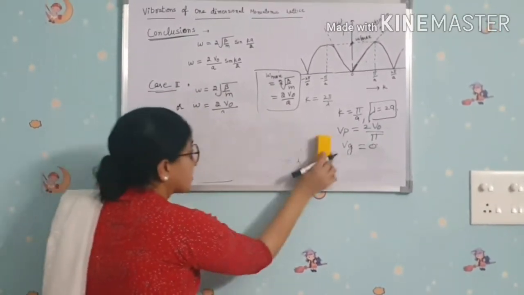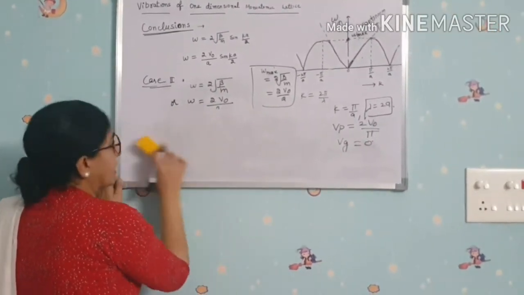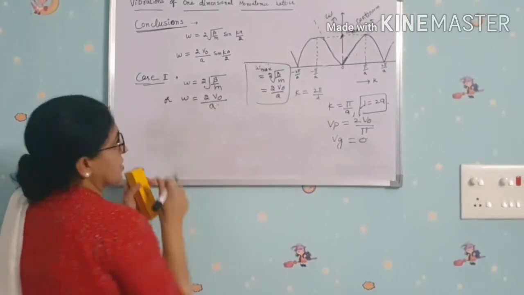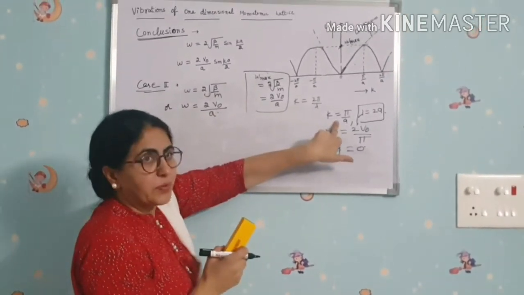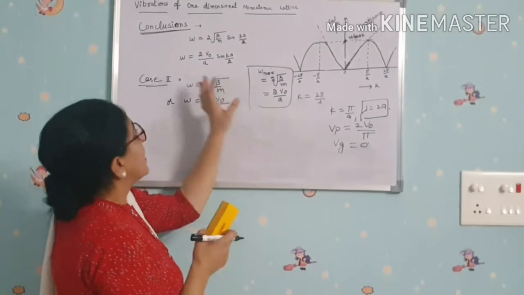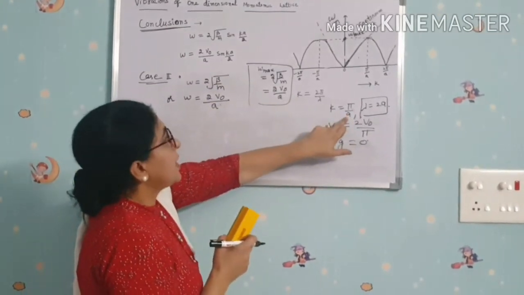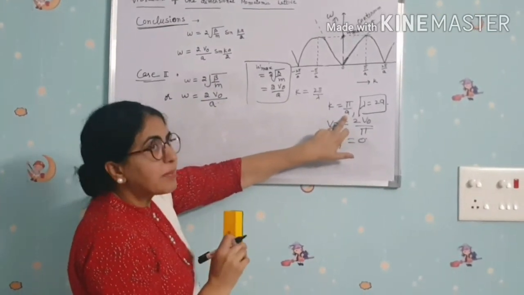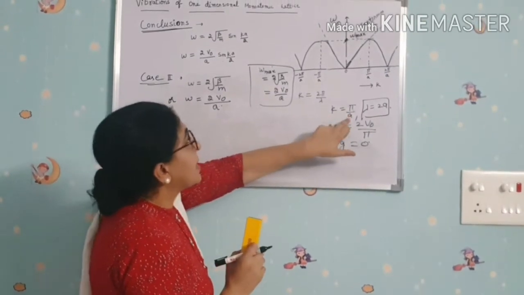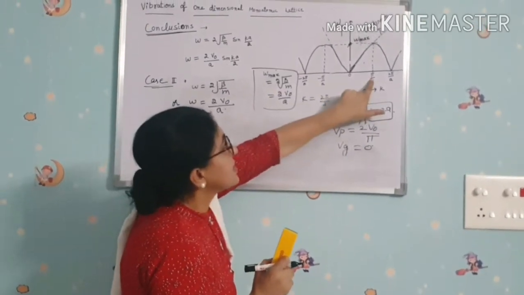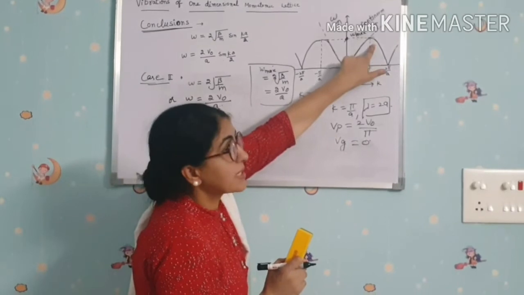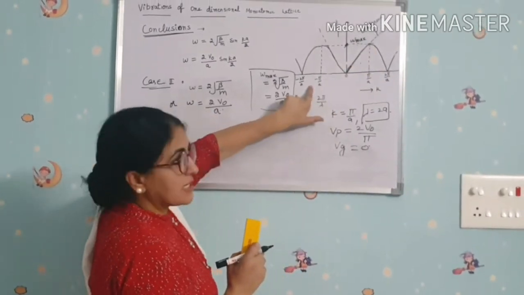Now next, the very important Brillouin zones. Here k is pi by 2. In the third case, k comes out to be pi by a. When k is pi by a, omega is maximum, and on the left side minus pi by a.